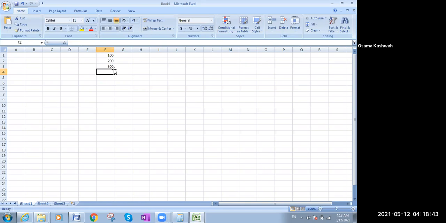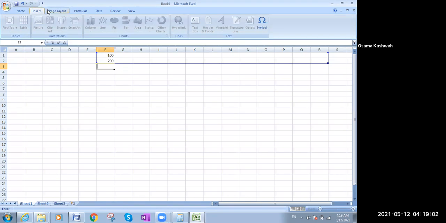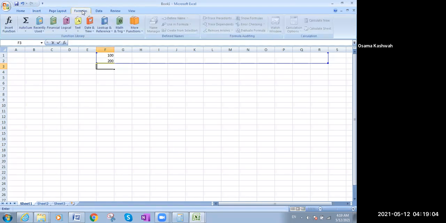Usually this is the way to work, or there is another way. If I don't want to do it this way, I can go to the functions itself, or I will go to the column of the formulas.